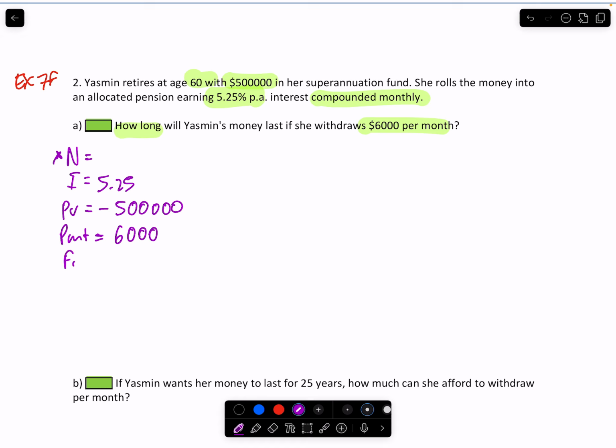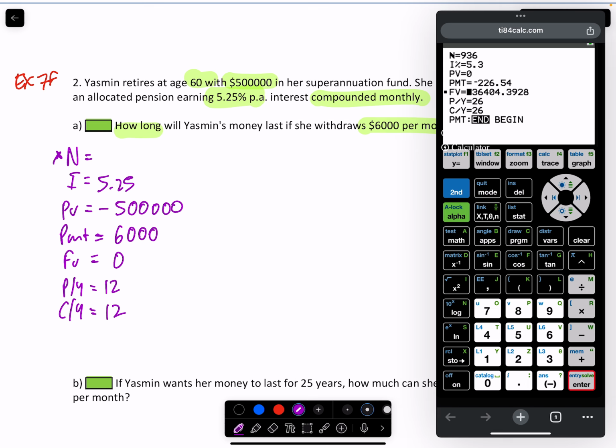When we say last, we mean she's going to use it all up till she basically dies, so there's not going to be any money in there. FV is 0. PY is monthly, so 12. CY is 12. Which side was my calculator? 5.25. Negative 500,000. 6,000. 0. 12 and 12.